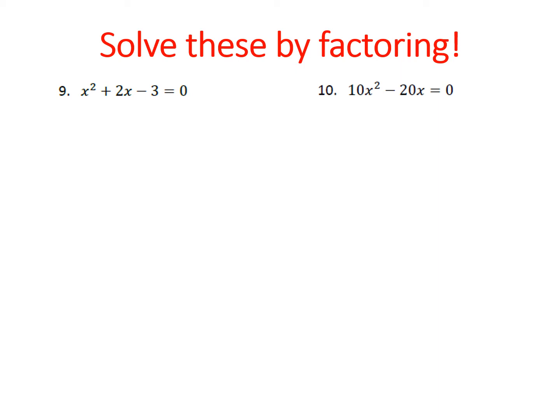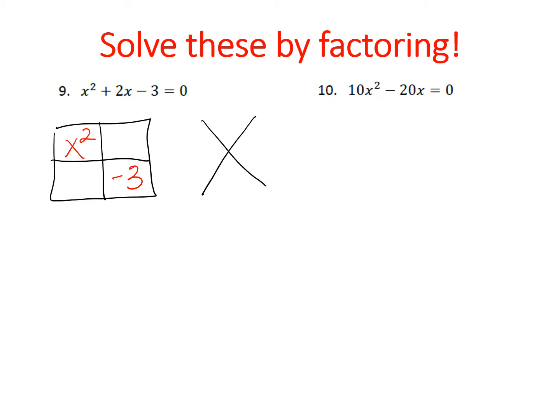All right, so I'll go ahead and draw my block. Going to fill our x squared, our -3. We're trying to figure out what multiplies to give me a -3x squared, and what adds up to give me a 2x.